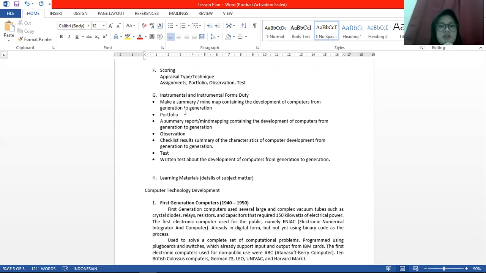And then the students do the observation, a checklist of the result summary of the characteristics of the computer development from generation to generation, and then the task. It is the lesson task about the development of computers from generation to generation.